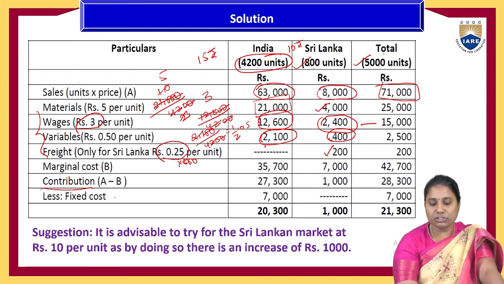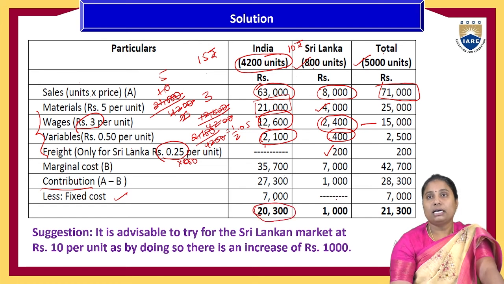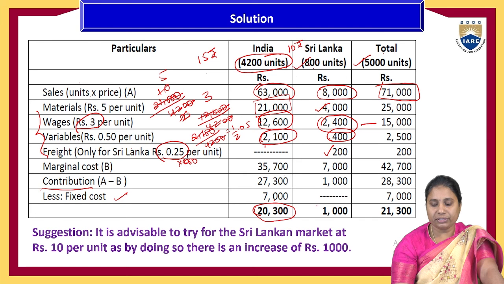And if we deduct this fixed cost 7,000, they are going to get a profit of 20,300. For Sri Lanka, 1,000 rupees is the only benefit contribution from that particular unit out of this 21,300.